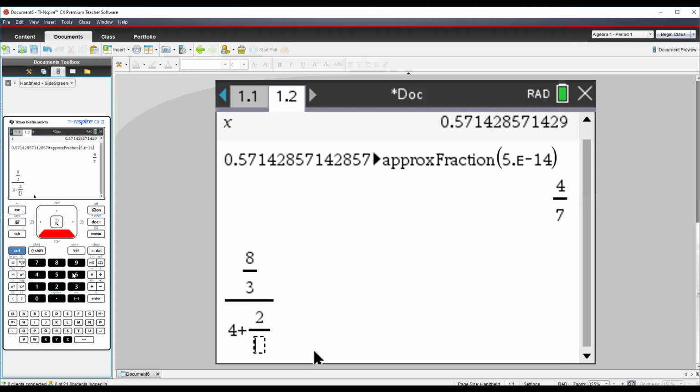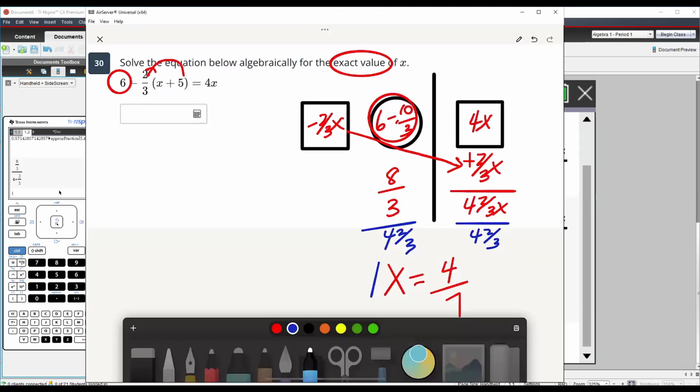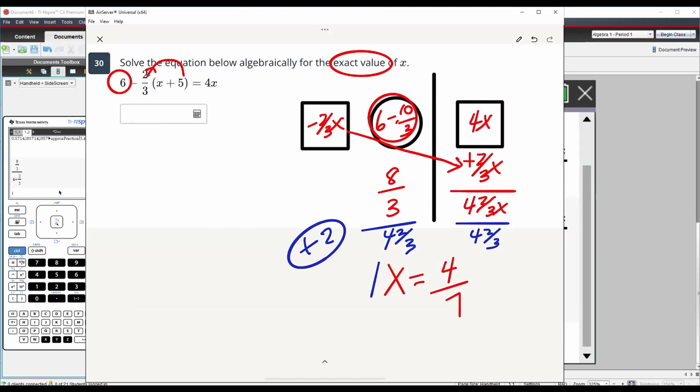That's the same as 4 and 2/3. Then I press enter, and it tells me again that it is 4/7. So I already know the answer, and we just confirmed it. This will be 2 points because we did everything we needed to do, and our answer is actually 4/7.